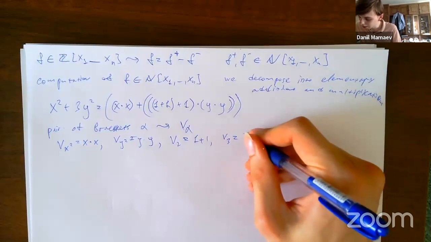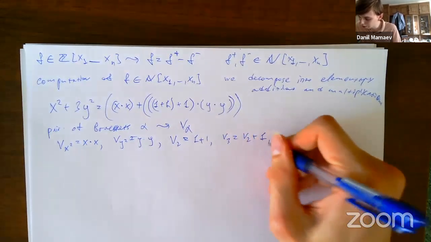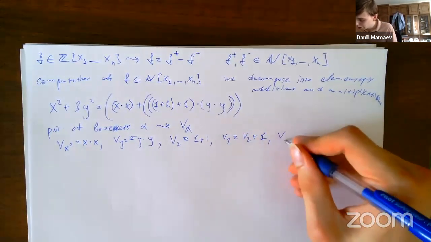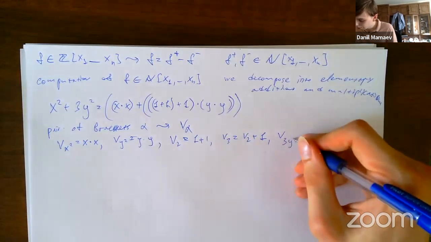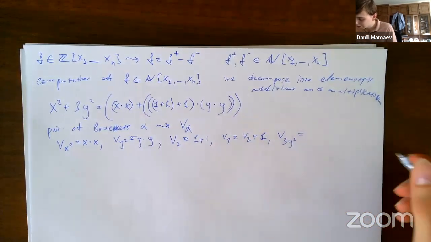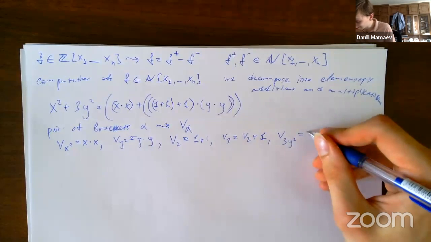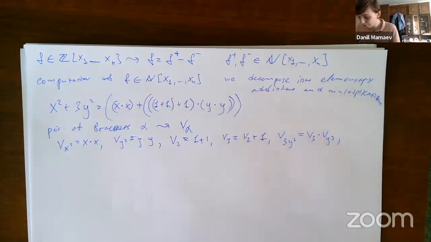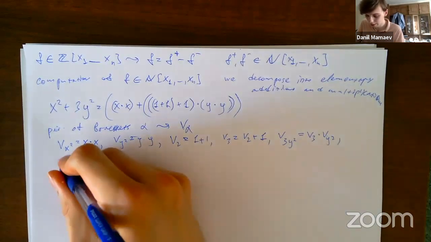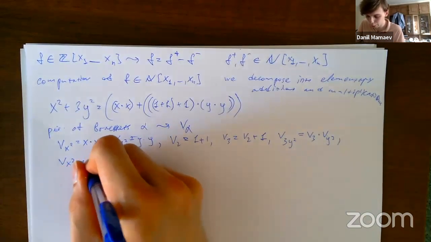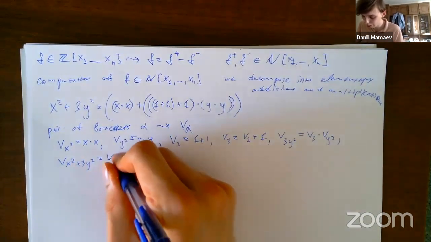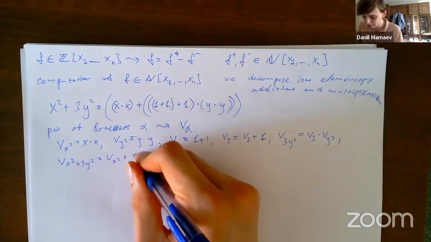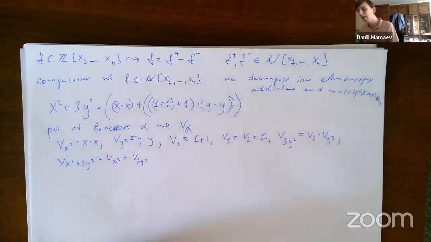V3 is V2 plus 1. V3y squared is V3 times Vy squared, and Vx squared plus 3y squared is Vx squared plus V3y squared.